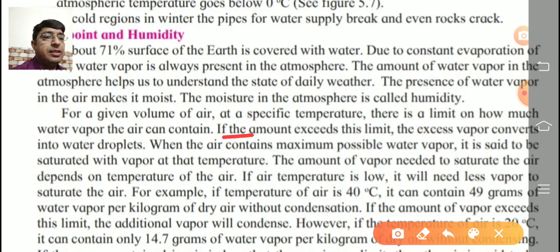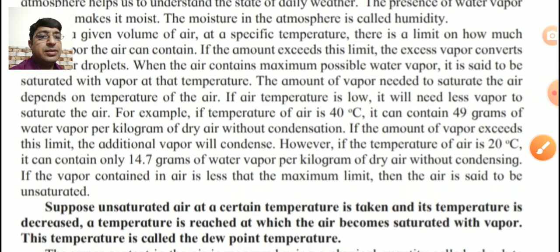When the air contains the maximum possible water vapor, it is said to be saturated with vapor at that temperature. The amount of water vapor needed to saturate the air depends on the temperature of the air. If the air temperature is low, it will need less vapor to saturate the air. For example, see here.